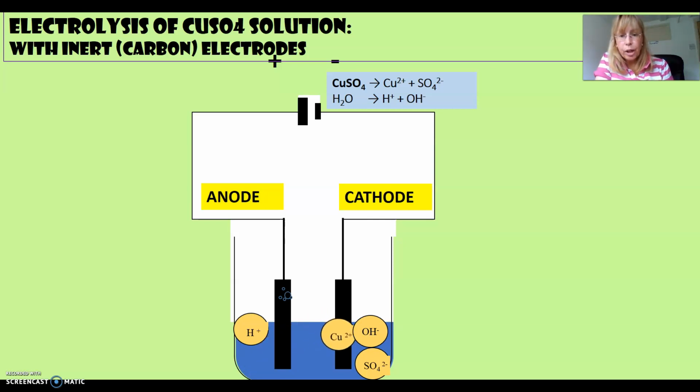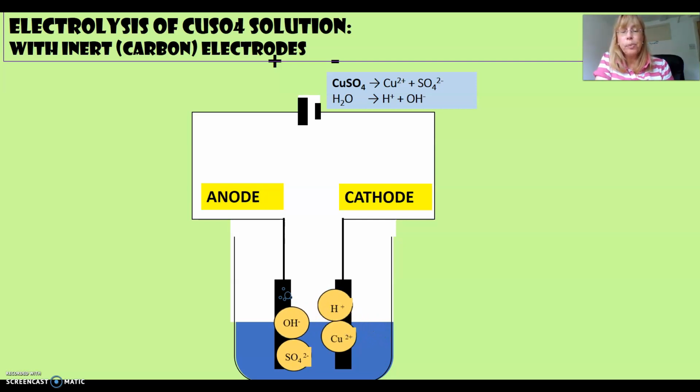So we have this scenario where we've got the copper ions going to the cathode and the hydrogen ions going to the cathode. The sulfate ions are going to be attracted to the anode, and the hydroxide ions are going to be attracted to the anode.